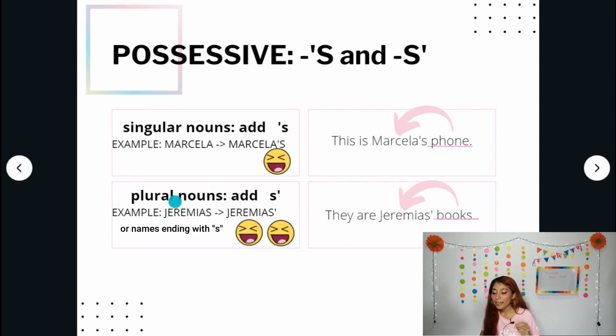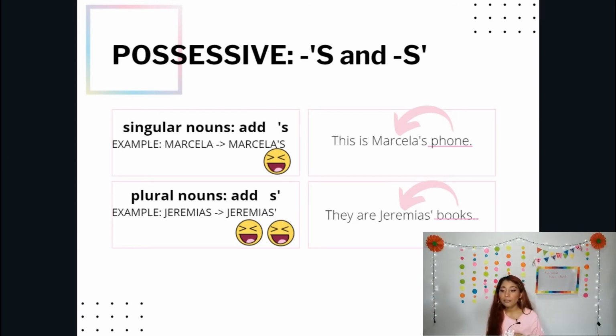It will be like Jeremías with an apostrophe at the end. Let's check one example. They are Jeremías' books. Here, if the name finishes with s, we're not going to add another s. Si el nombre termina con s, no vamos a agregar otra s.